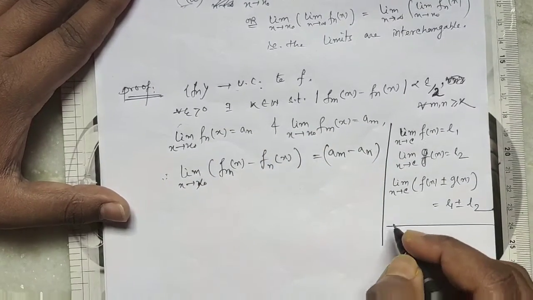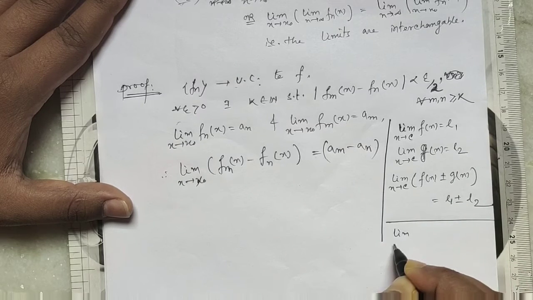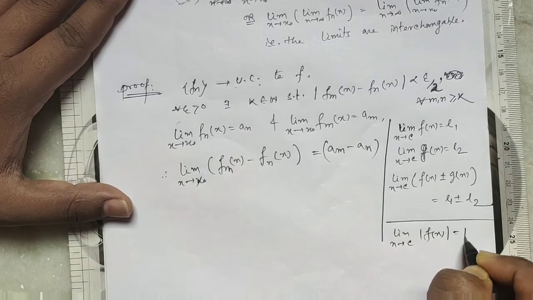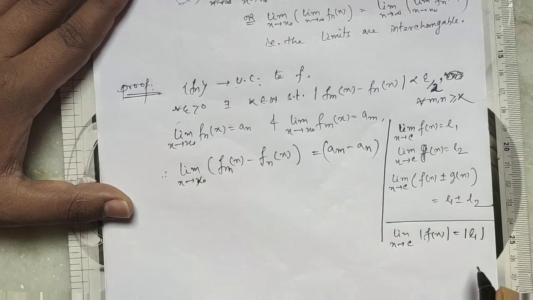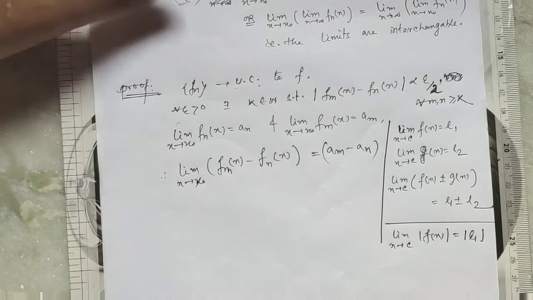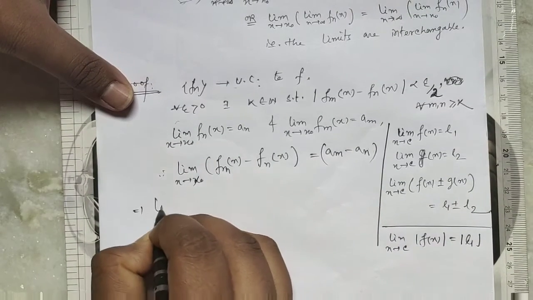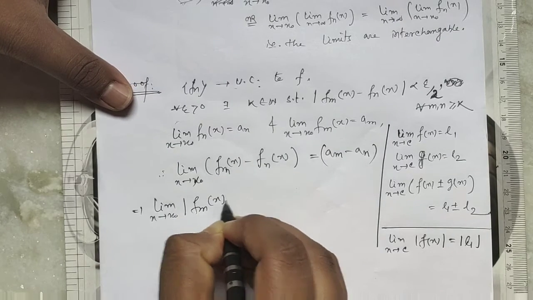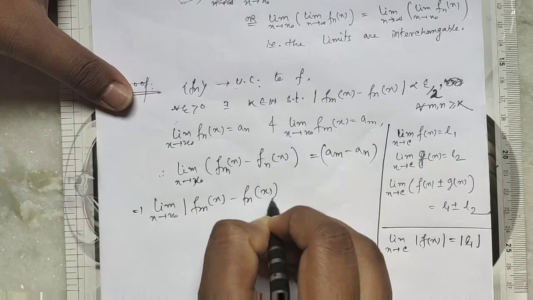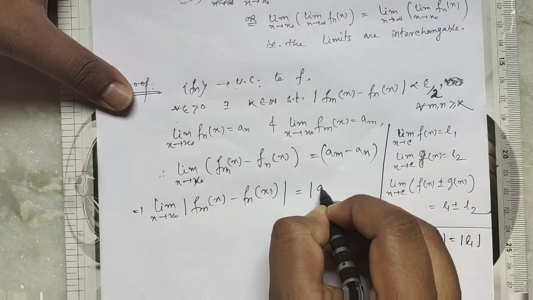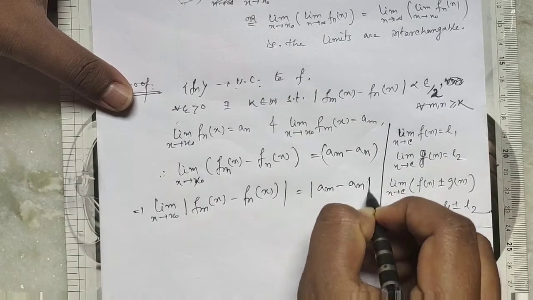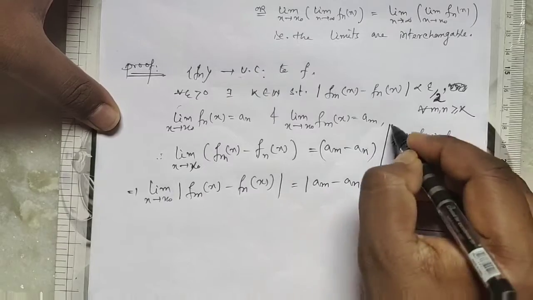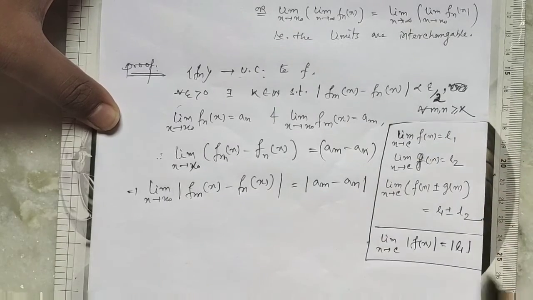And we also know limit as x tends to c of mod f(x) equals mod l1. So this implies limit as x tends to x0 of mod of f_m(x) minus f_n(x) equals mod of a_m minus a_n. Clear? We use these two results on limits of a function.